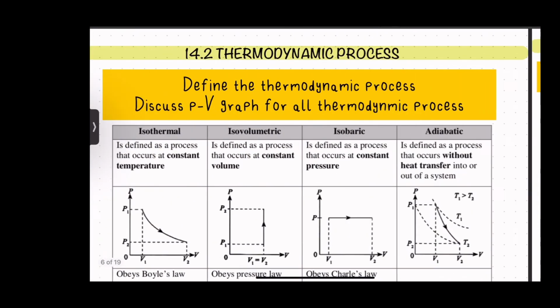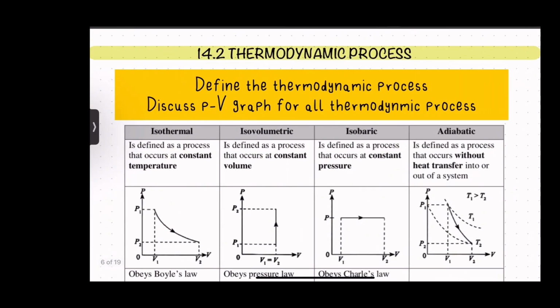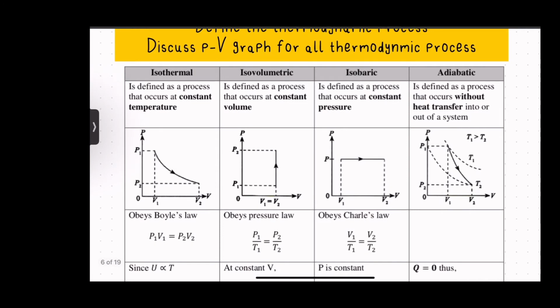So look at 14.2 thermodynamic process. Define the thermodynamic process. Discuss PV graph for all thermodynamic processes. So the isothermal process is defined as the process that occurs at constant temperature.